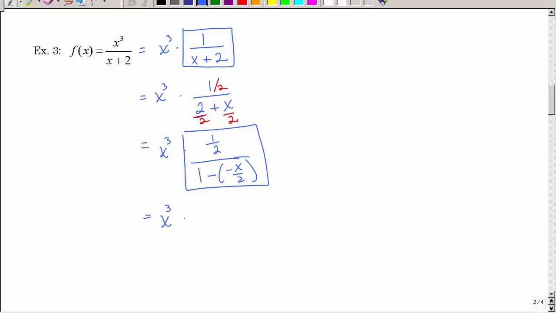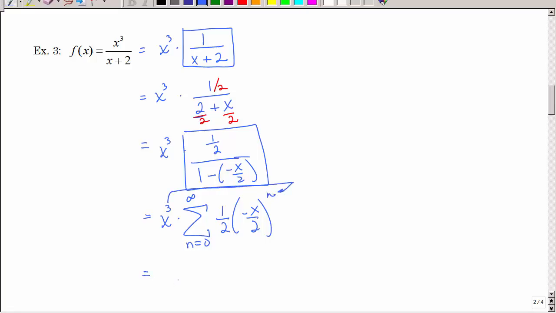So I have x cubed times my power series of 0 to infinity of a, which is 1/2, times r to the nth power. And yes, that would be an acceptable answer. You could do some things with these x's if you wanted to join them up.